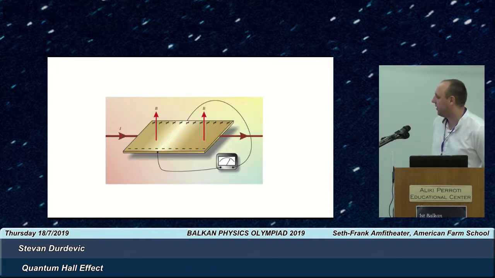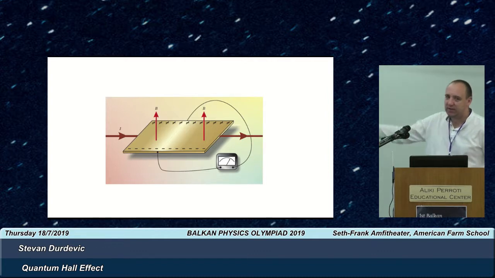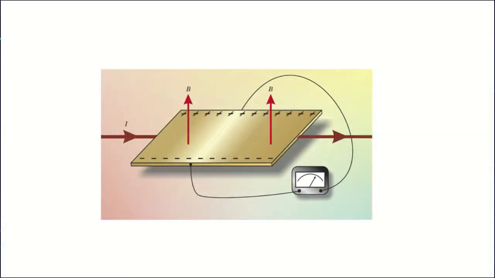This is the system. If you have some conductor in a magnetic field B, the carriers of charge and current are usually electrons in metal, and when we have a current in that conductor in a magnetic field, the electrons go to one side of that conductor, and because of that we get a perpendicular difference in potentials between the two sides of the conductor, a plus side and a minus side.